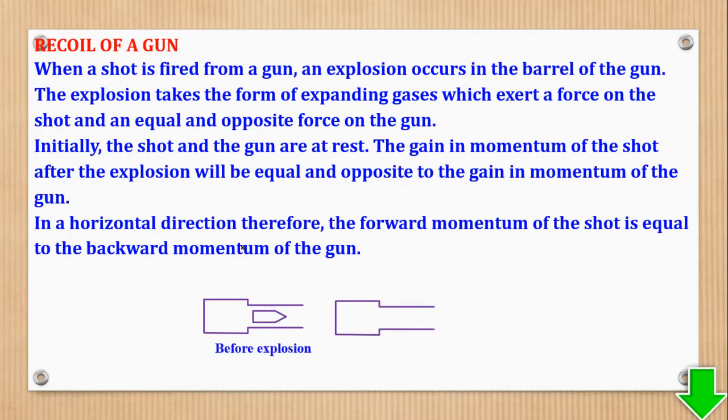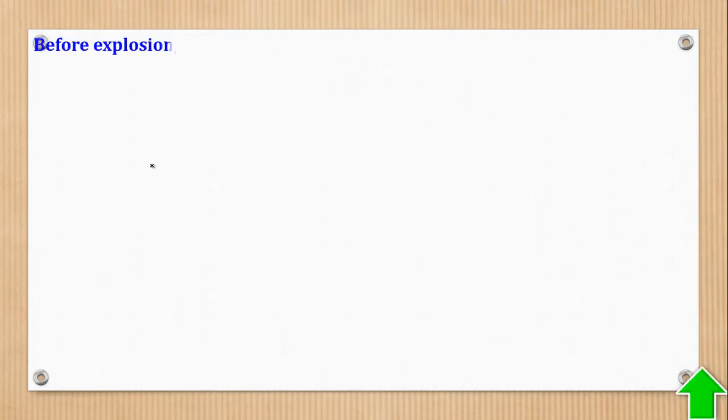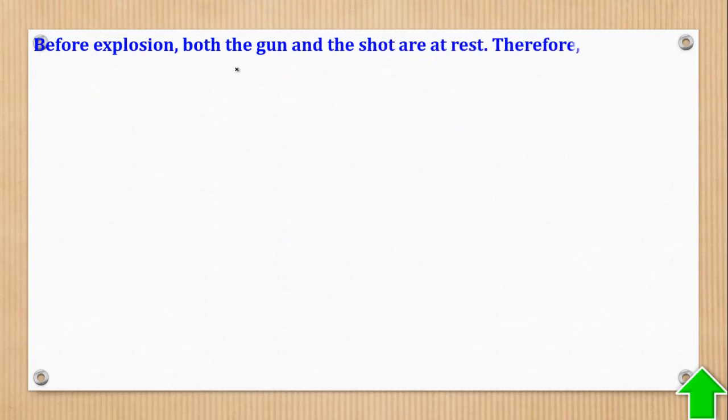Then after explosion, the gun jumps backward and the bullet goes forward. So this one has a forward momentum and this one has a backward momentum. Therefore, before explosion, since they are at rest, it implies that momentum is 0.